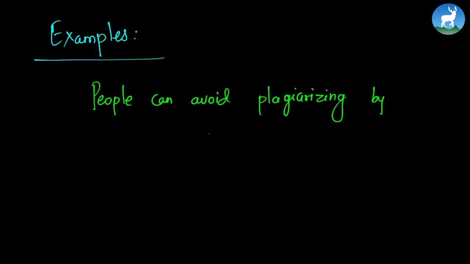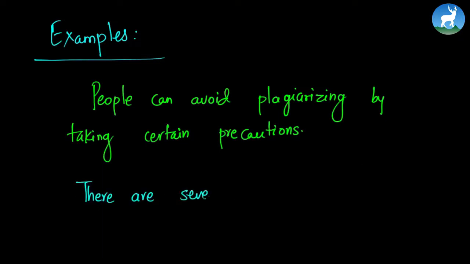So I'm going to demonstrate this to you by giving you an example. Here are two examples that I want you to understand. The first one is, people can avoid plagiarizing by taking certain precautions. Let's write another example. There are several advantages to online education.